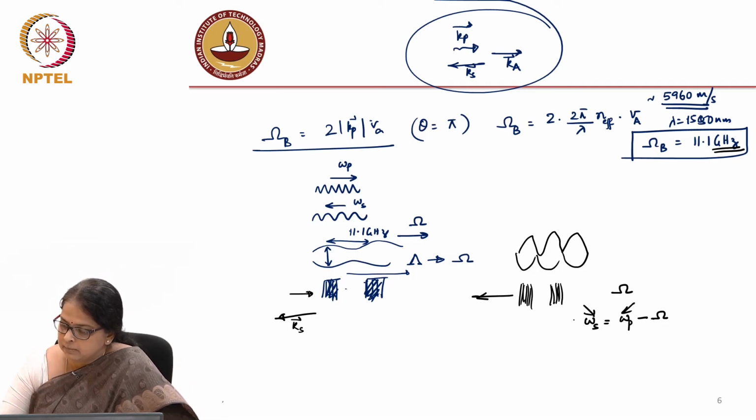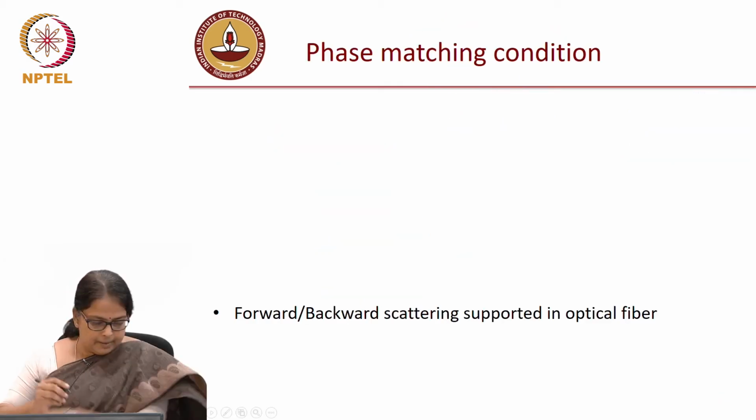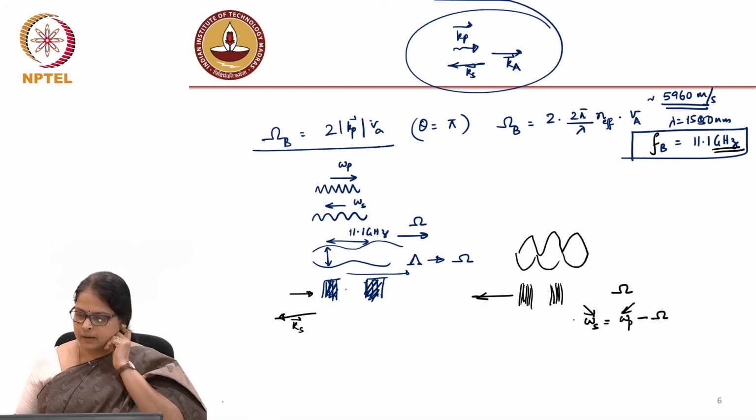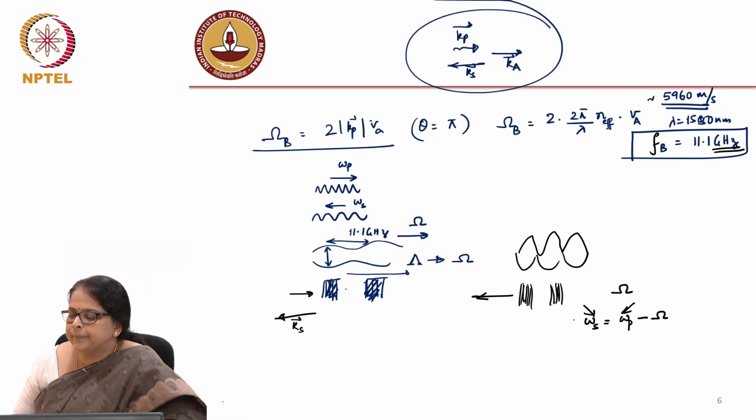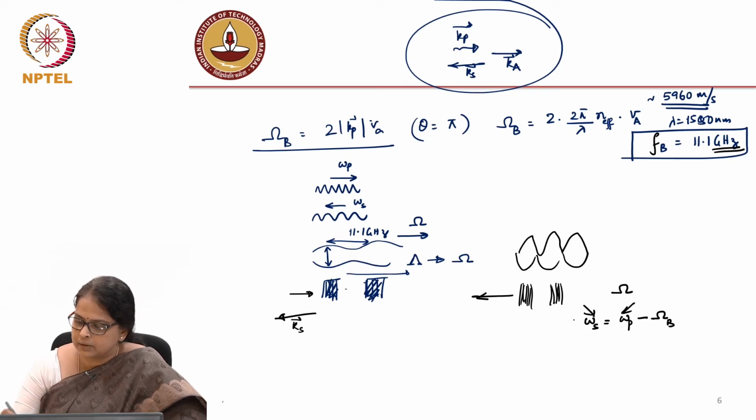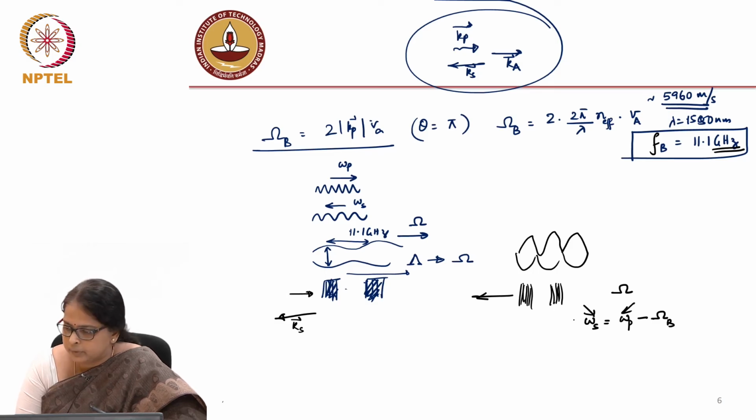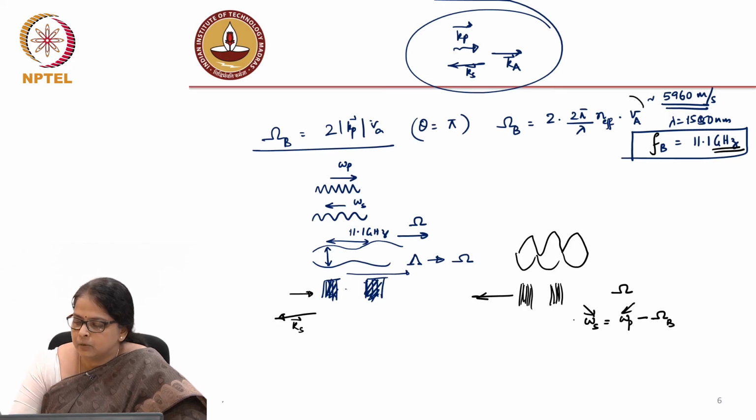So this is not omega b, this would correspond to FB. So FB is 11 gigahertz, and corresponding to that you have an omega b. Anyway, the backward scattered light is downshifted in frequency, and that is again decided by the acoustic velocity.